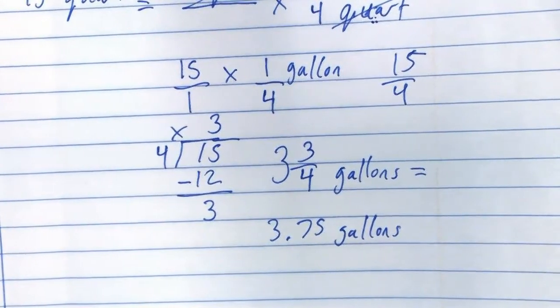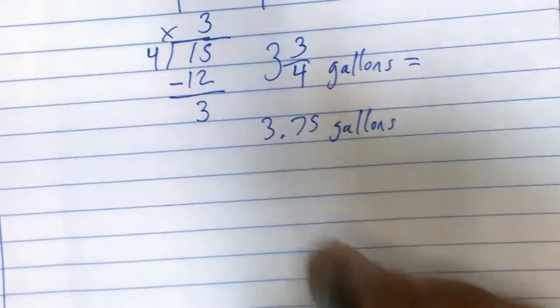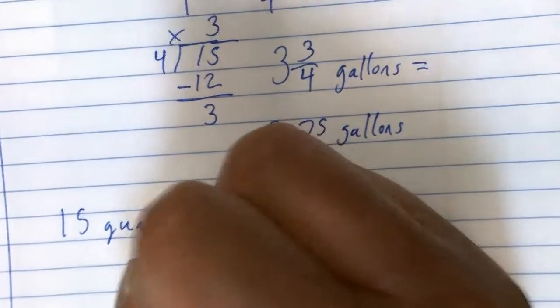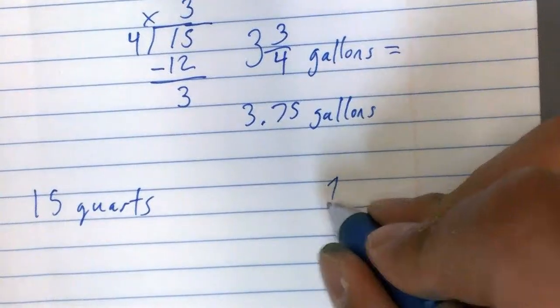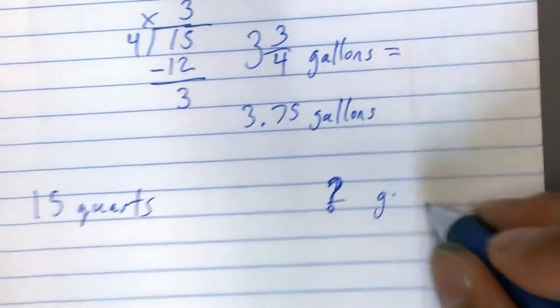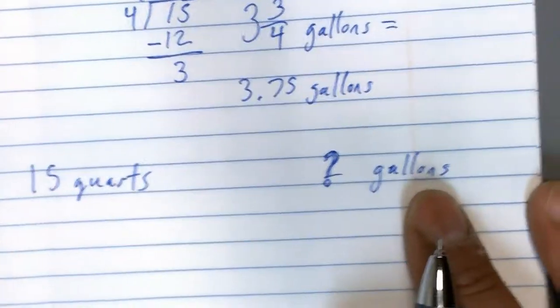Okay? Now, will this work the other way I showed you guys? Maybe, maybe not. Let me just do this real fast. Let's work on it. See what happens. 15 quarts. How many gallons? Excuse me, should be a question mark. What do we know?